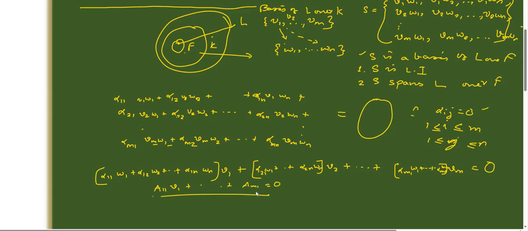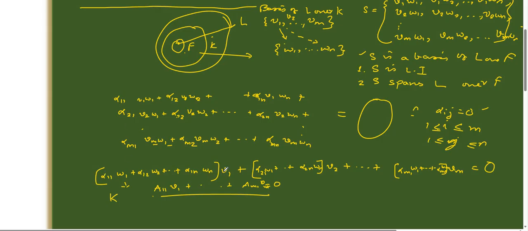Now V1, etc., Vm being linearly independent, the scalars should be 0, and we must also ensure that they are all from K. It is because W1, etc., Wn is a basis of K over F. So these must be members of K, and of course the alphas are scalars from F.